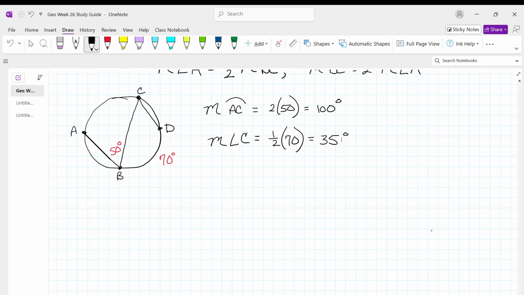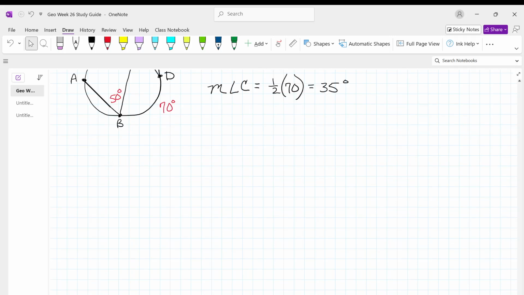All right, then let's look at the bottom of page 724. Theorem 10.7.